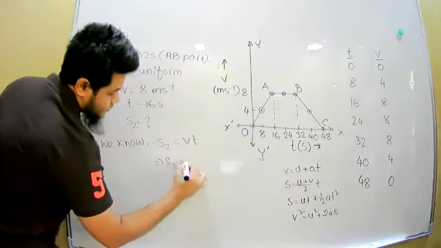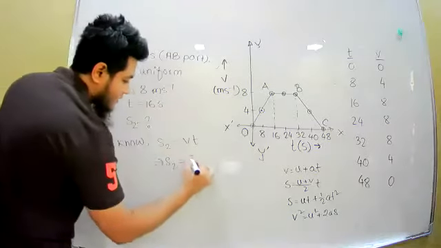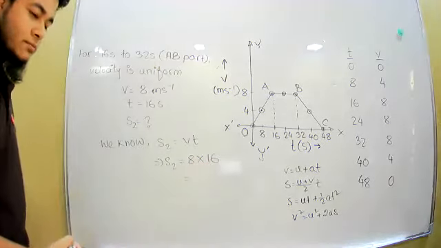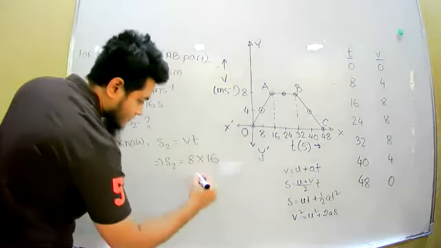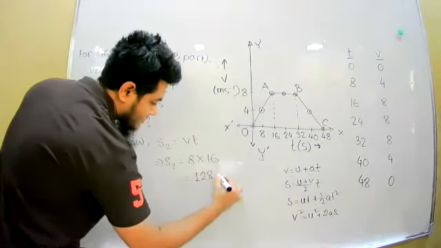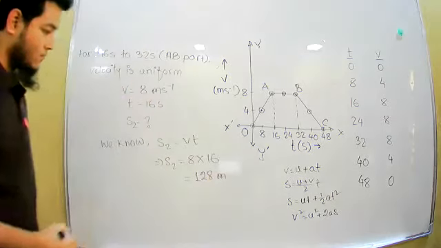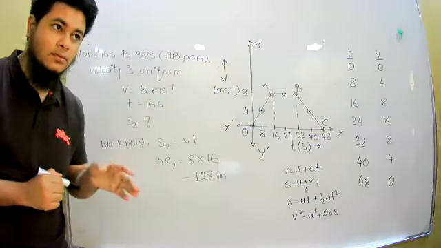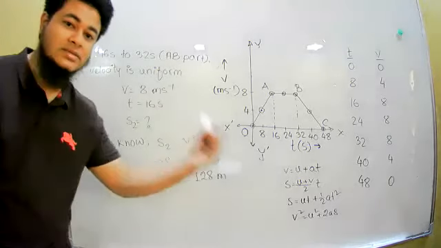So S2 is equal to V, V is 8 and t is 16. So 8 into 16, how much? 128. Can we check? So 8 into 16 is equal to 128, right? Okay. Yes. So this is the distance covered in the next 16 seconds.